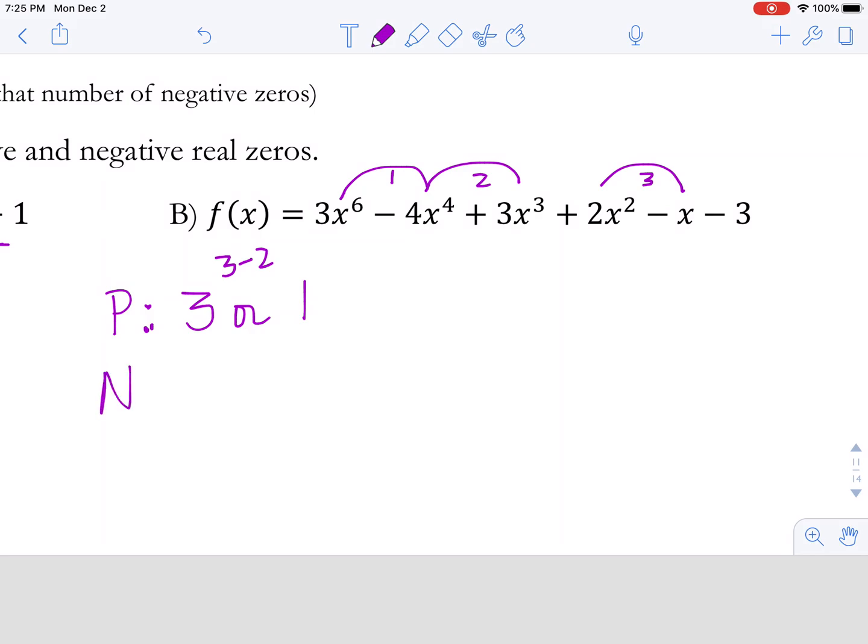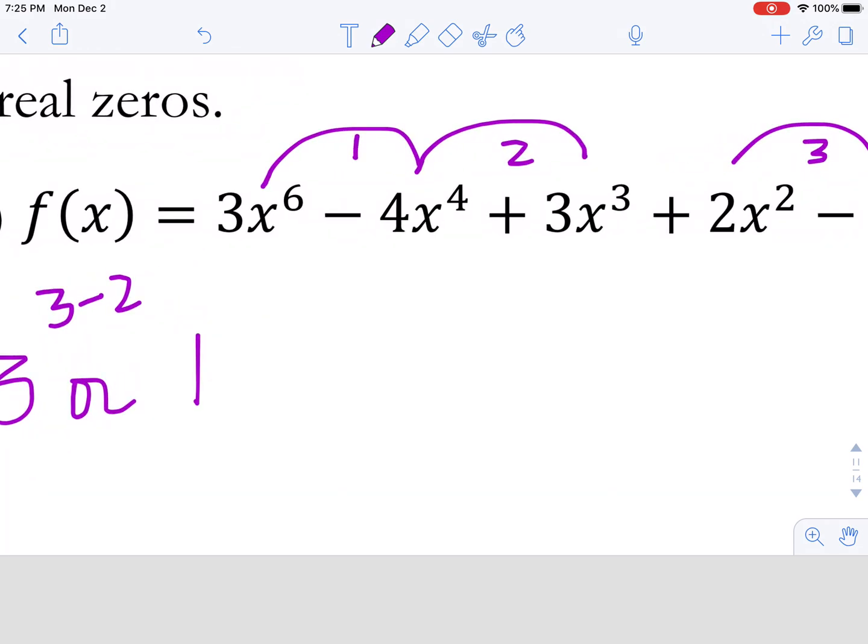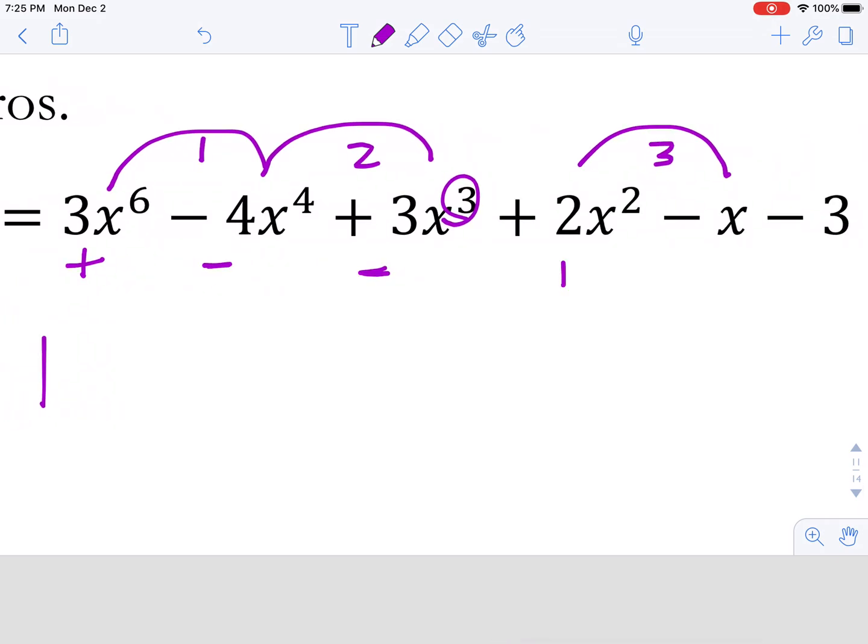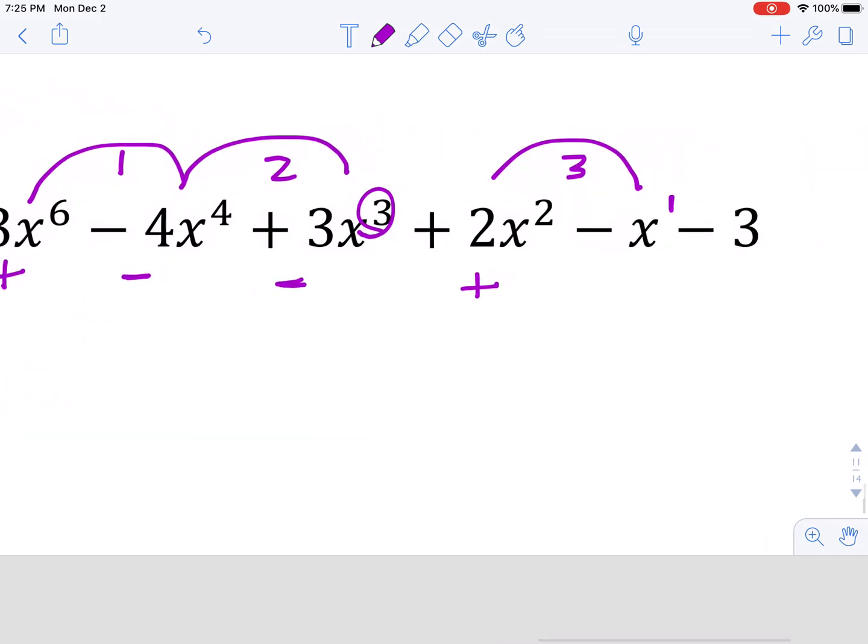Now, if I look at my negative, remember, any odd one I'm going to change. So this is still positive. This is still negative. Oh, here we go. This is odd, so this is going to be negative, positive. Here we go, this is odd again. So this is positive and negative.